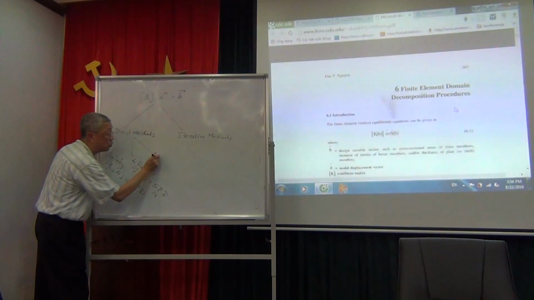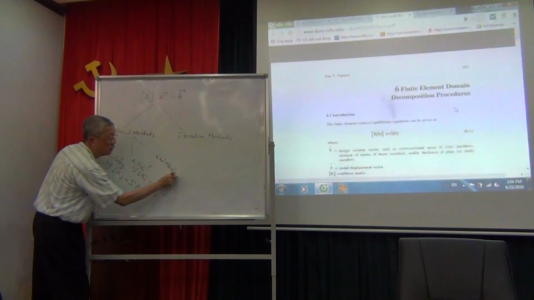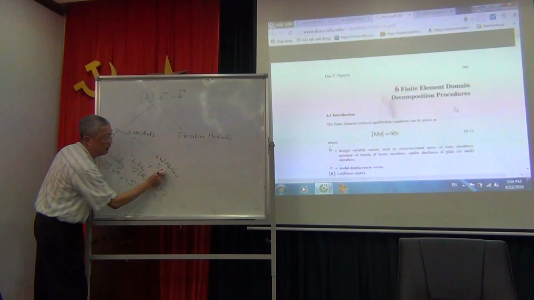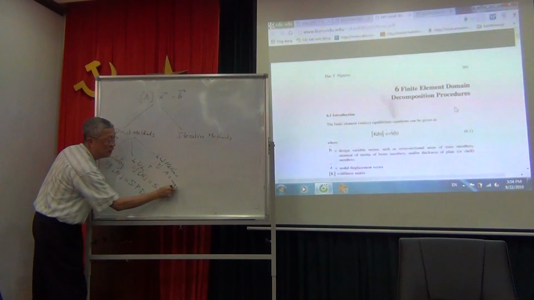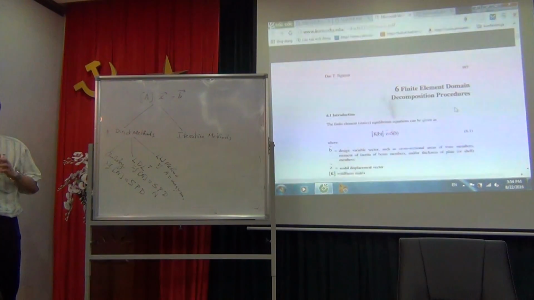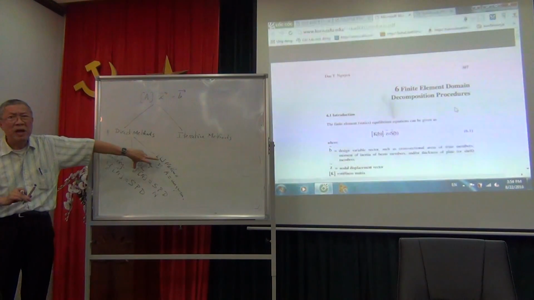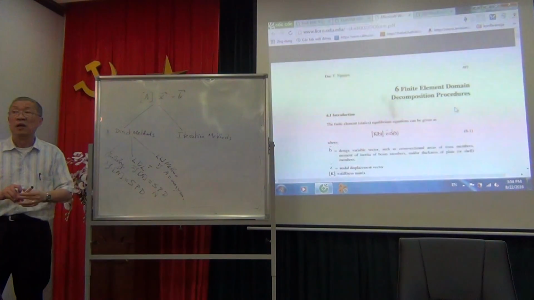Or you can use the so-called LU method. LU method. If the matrix A is what? Unsymmetric. Now, of course, so far I only explained the Cholesky, but these two methods are similar. Okay?